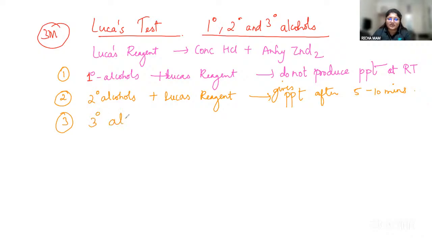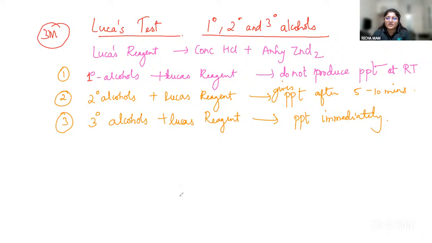Then third is the tertiary alcohol. If I add the Lucas reagent to a tertiary alcohol, it will give the precipitate immediately. So these are the distinguishing tests.